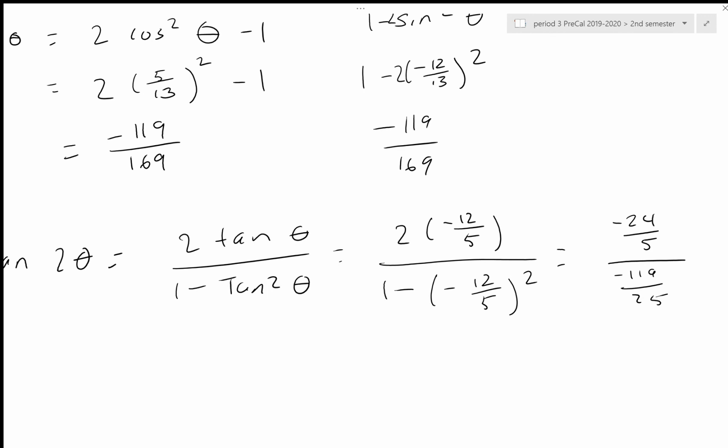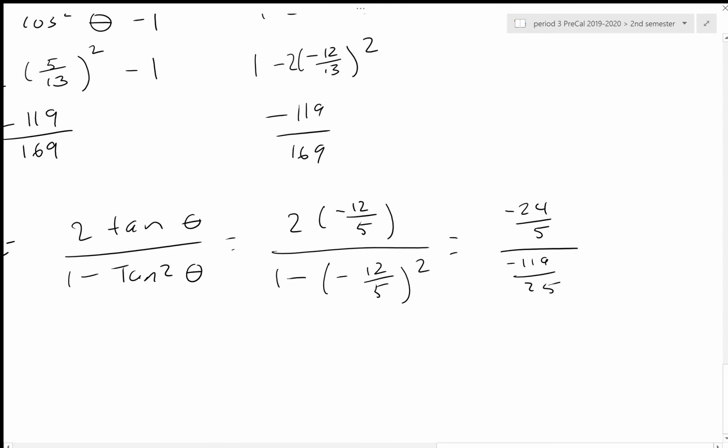Divide that. Negative 24 divided by 5. Make sure you put that in parentheses. Divide that by parentheses negative 119 divided by 25. And this gives us 120 over 119. Real simple.